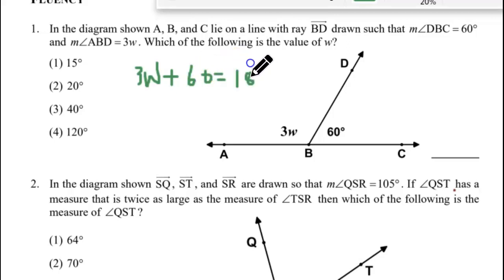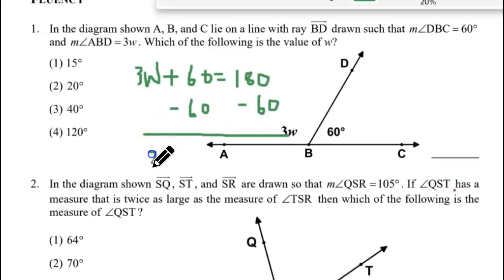Sorry about that. So we subtract 60 from both sides, the same way as we've done in equations. Then that's 3W, and 180 minus 60 gives you 120.